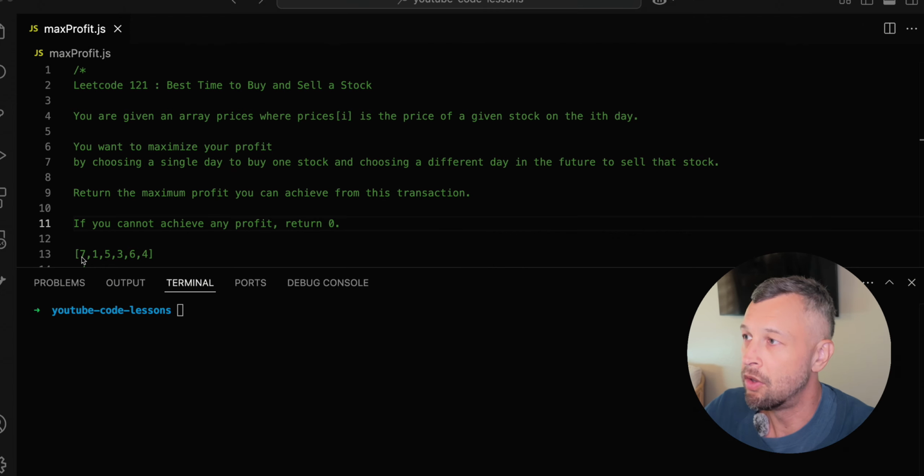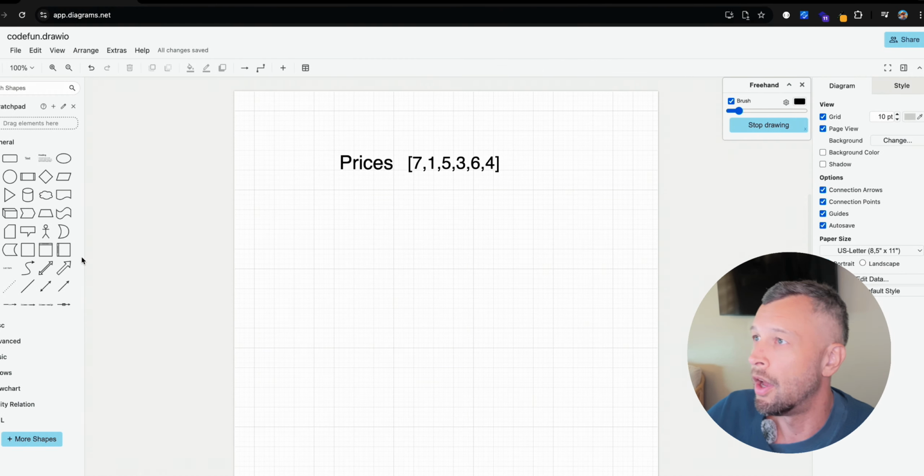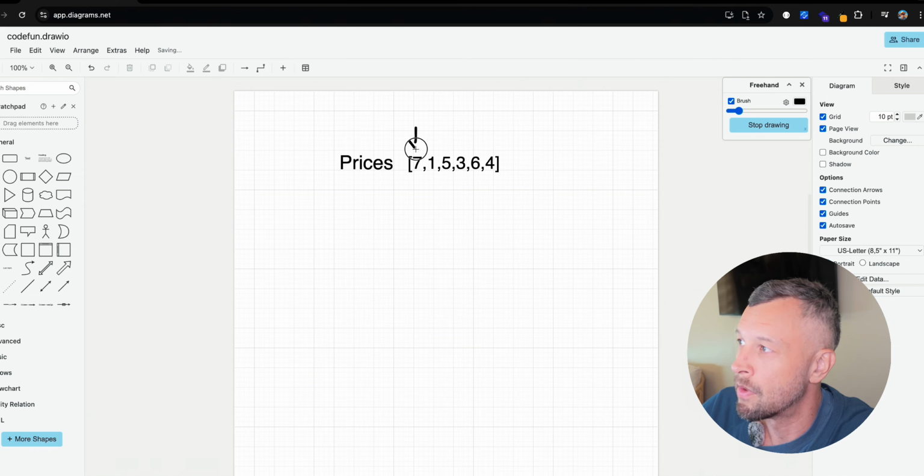And so let's go ahead and look at draw.io, and we can see our array here, our example array. This is the same example that LeetCode provides. But in this case, we could start on day one, just to kind of walk through describing how this problem works.